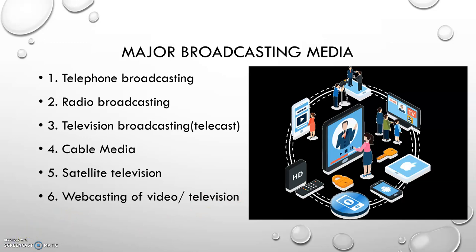Broadcast syndication means where an individual station buys programs from outside the network system, and the word simulcast means a simultaneous transmission of the same program on radio and television or on two or more channels.